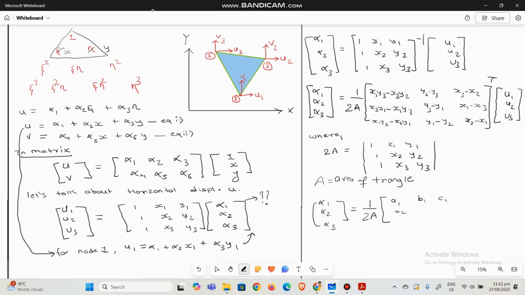Similarly, A2, B2, and C2, A3, B3, and C3. And we are going to transpose this, and the rest of the terms remain as they are.